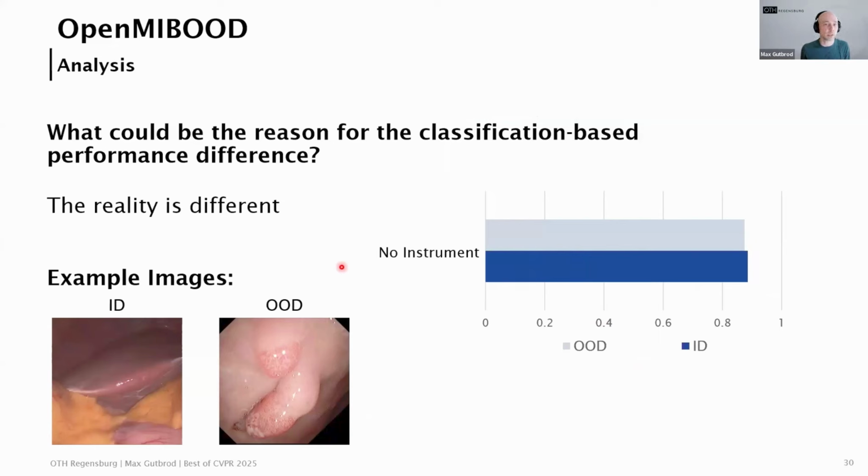As soon as there is no instrument in the frame, we get roughly the same probabilities on average. I guess this is understandable because there is no instrument in the frame. So actually the model is doing its job and correctly assigning this class, even though the underlying data is completely out of distribution.